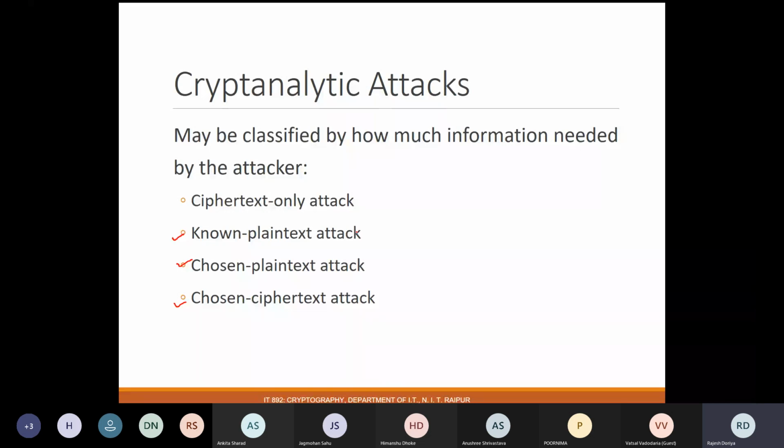Then they will try to analyze the system. So these are some of the varieties which one can use in order to analyze the encryption process. These are the 4 types, and we term them cryptanalytic attacks. Remember this point: these are cryptanalytic, not about the security.